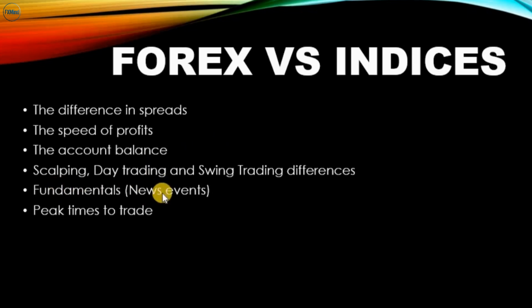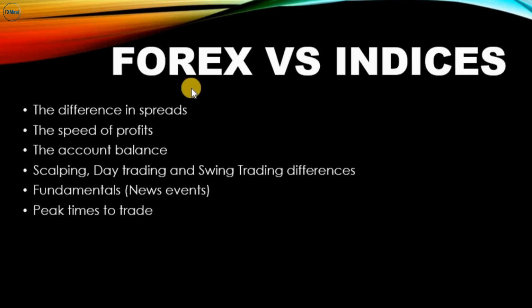Fundamental news events. In Forex, there are all kinds of 3 bull news events. If you don't understand 3 bull, it basically means high intensity news events that move the market sharply, up or down. In these news events, you can probably make 50 pips plus.